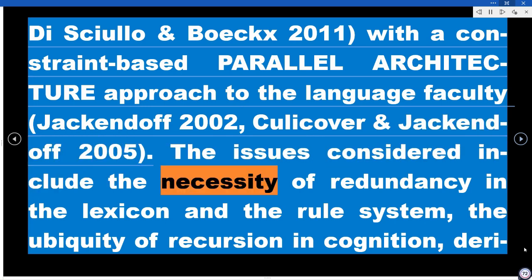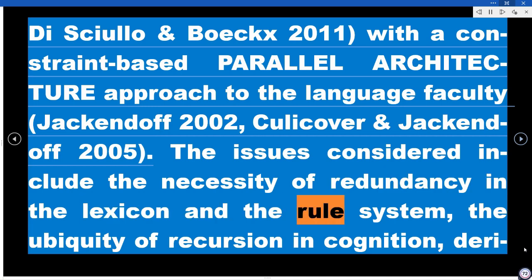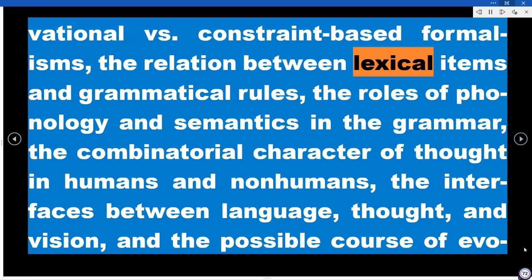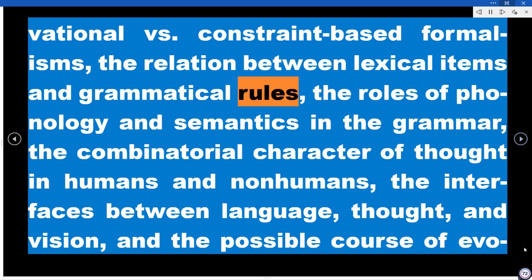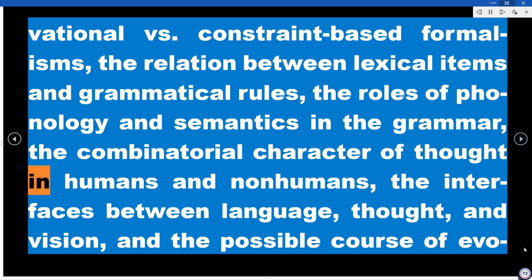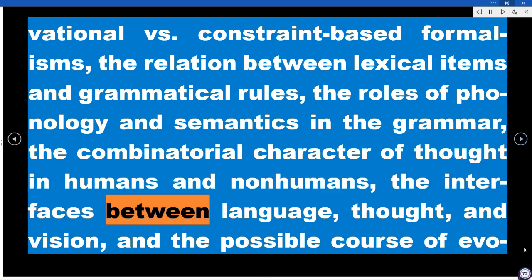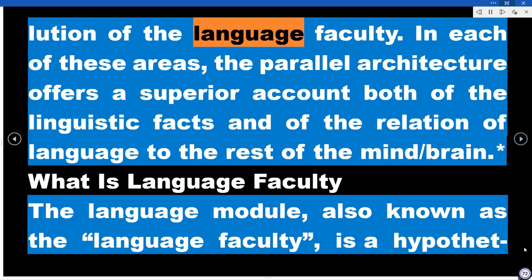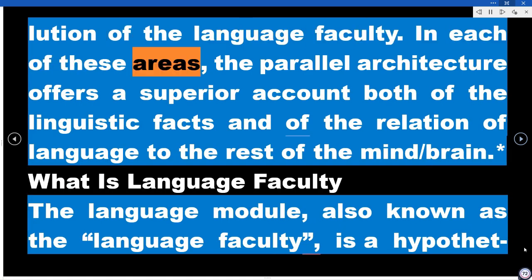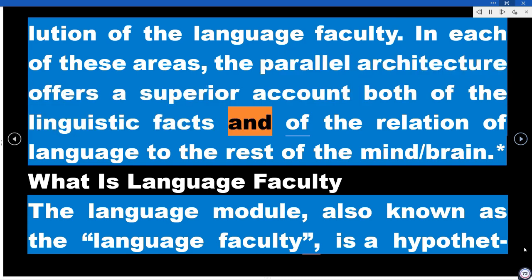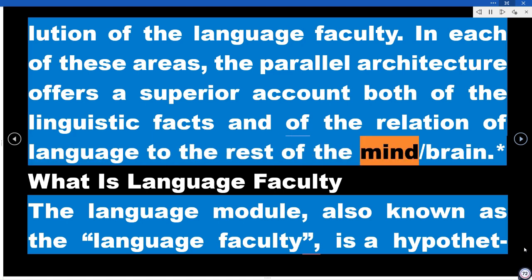The issues considered include the necessity of redundancy in the lexicon and the rule system, the ubiquity of recursion in cognition, derivational versus constraint-based formalisms, the relation between lexical items and grammatical rules, the roles of phonology and semantics in the grammar, the combinatorial character of thought in humans and non-humans, the interfaces between language, thought, and vision, and the possible course of evolution of the language faculty. In each of these areas, the parallel architecture offers a superior account both of the linguistic facts and of the relation of language to the rest of the mind and brain.